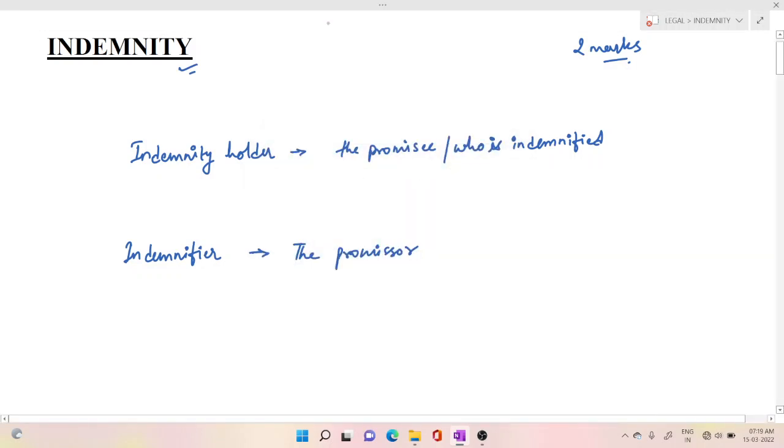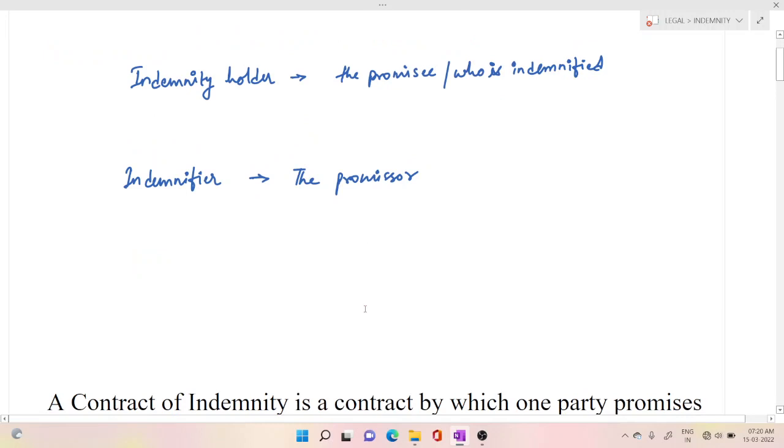Okay, so let me first explain what indemnity is. Indemnity means to make the losses good. For example, in banks we regularly face such problems.